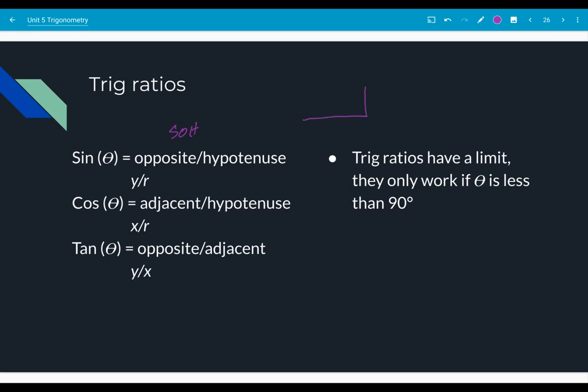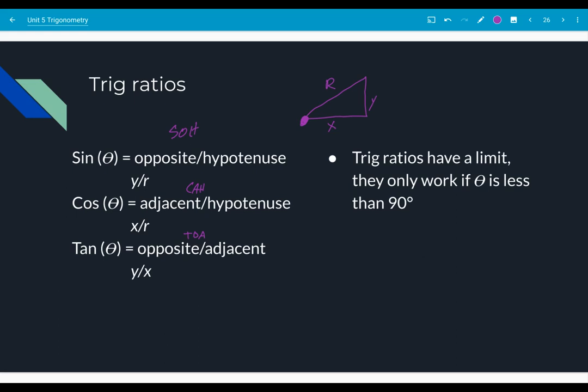Because if we think of a triangle, this is going to be x, y, and that's our radius when we think of this point here as the center of the circle. Cosine, or CAH, is adjacent over hypotenuse, and then tangent, or TOA, is y over x.